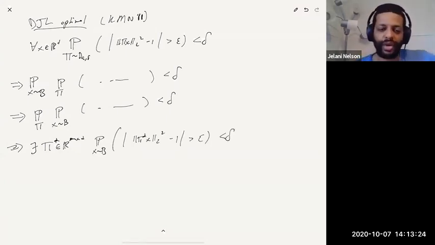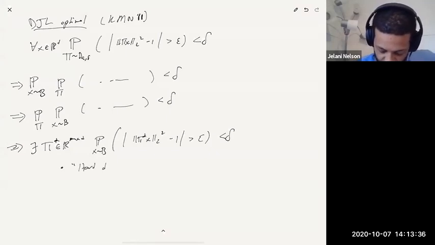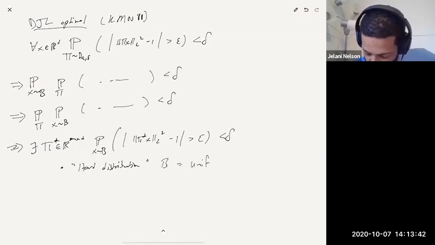And then you just show that no such pi star can exist if m is too small for a certain hard distribution b. So you say the hard distribution b is just uniform on the sphere.